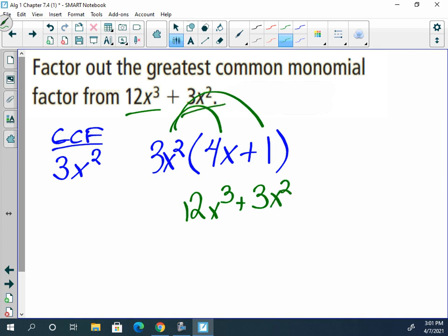Is that what we started out with? Mm-hmm. So if we ever wanted to check these when we factor, we can always multiply back through and see, do we get back where we started? Any questions on this here? All right.